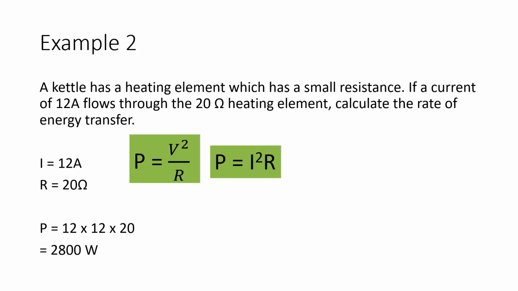And you've got the equations P equals V squared over R, or P equals I squared times R. Now in the question you've got A, which stands for amps, so it is for current, 12 amps, and you've got ohms, so you've got resistance. So you need to use the equation involving I and R, so P equals I squared times R. So P equals 12 times 12 times 20, that gives you 2,880 watts.